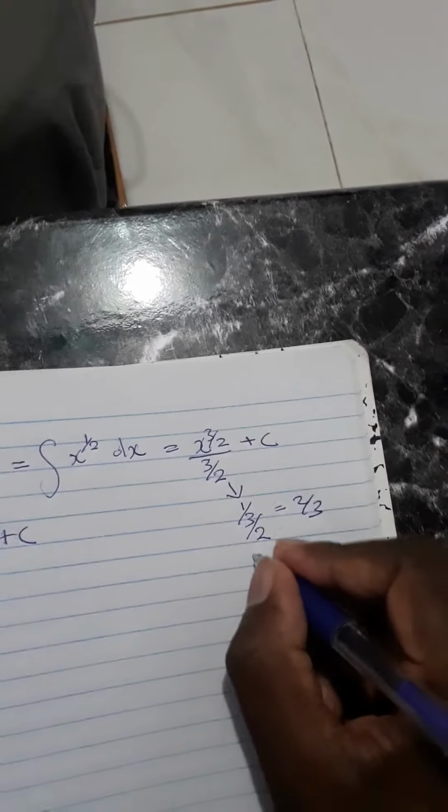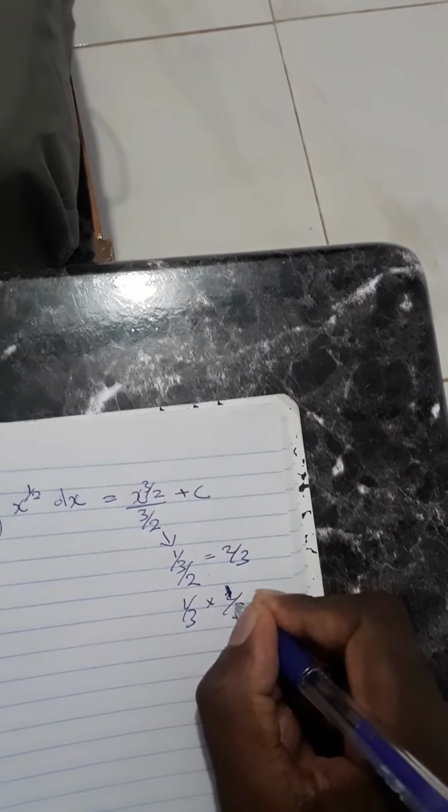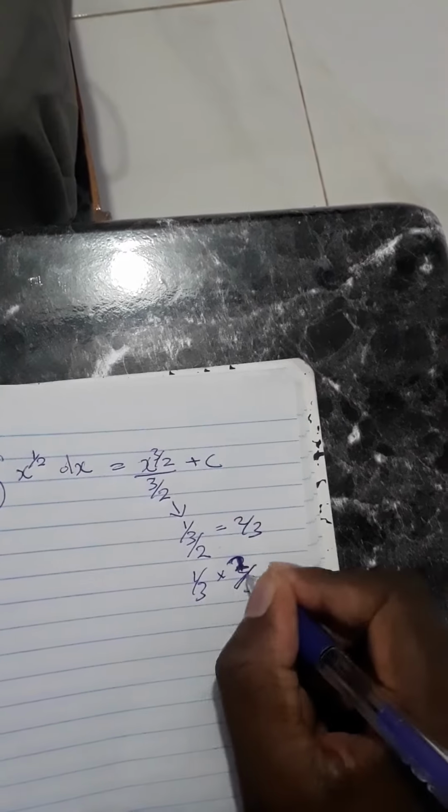By flipping I mean 1 on 3 times 2 on 1, sorry, 2 on 1, my bad, which will give 2 on 3. So this is the answer, guys.